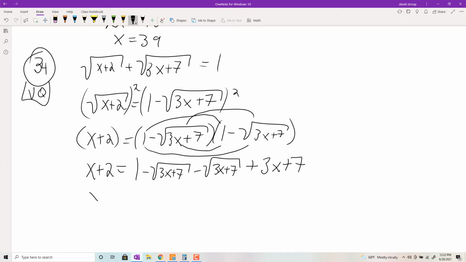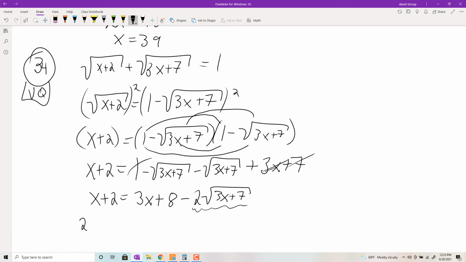Combining like terms then, what do we have? 3x, we have an 8, so this 1 plus 7 gives me the 8. And then there's negative 2 of these root 3x plus 7s. What I'm going to do then is move this to the other side and then move the x plus 2 portion to the right side.